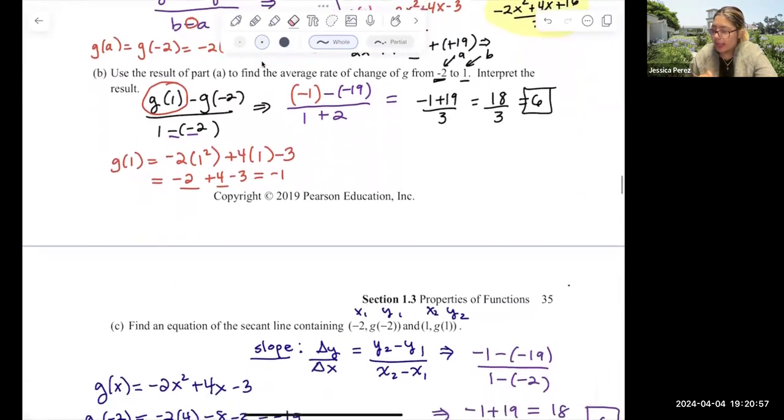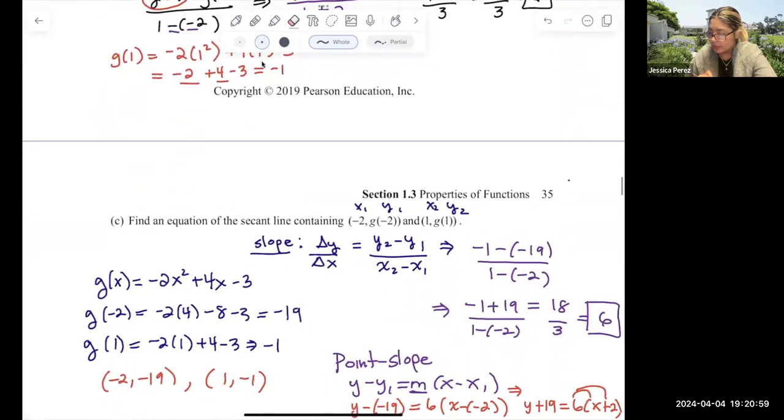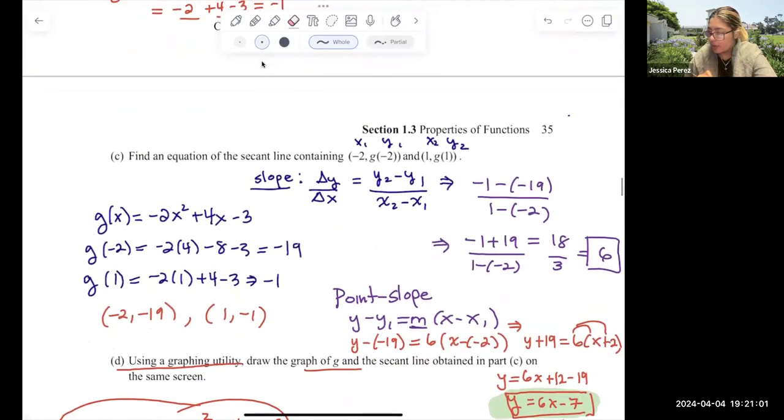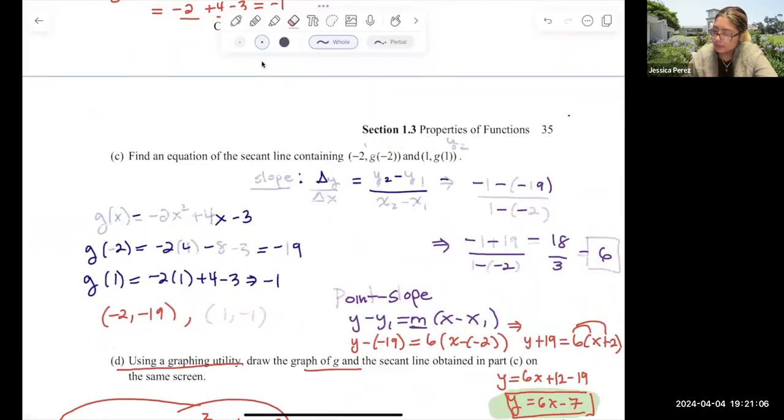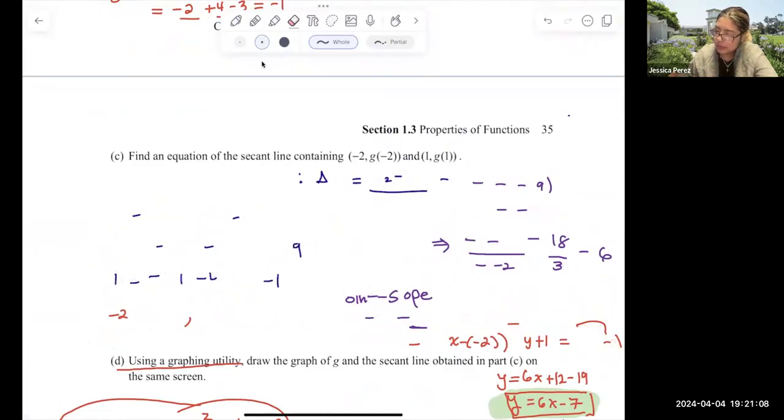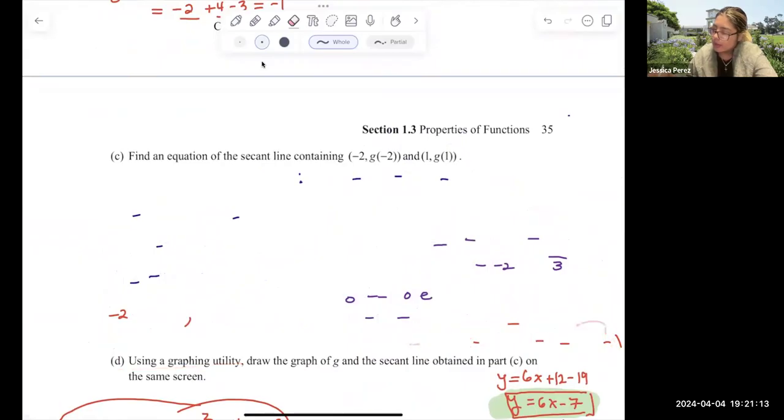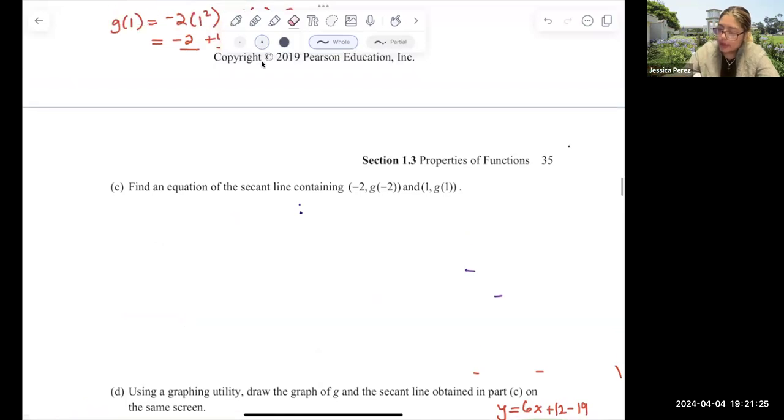Okay, so let's look at the secant line, which we knew was 6. What they want us to do in this problem is to find an equation of the secant line containing these points. For example, this point is -2 comma -19.